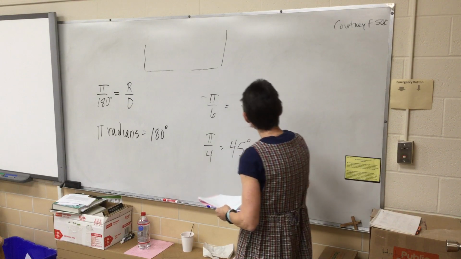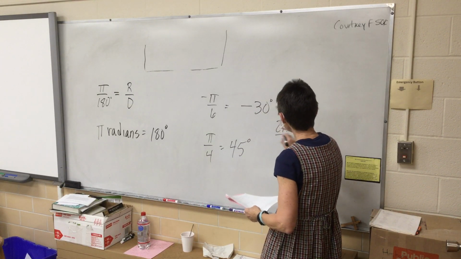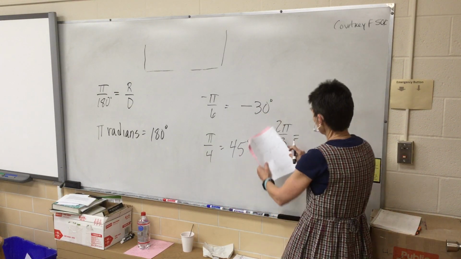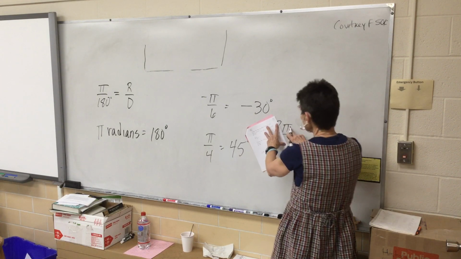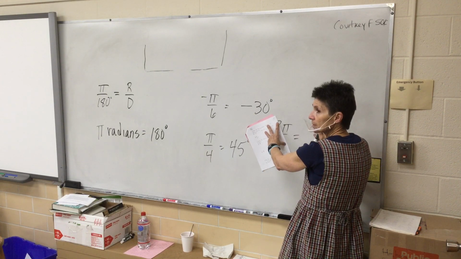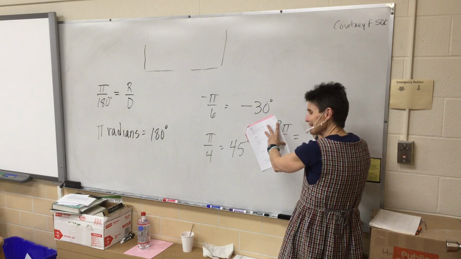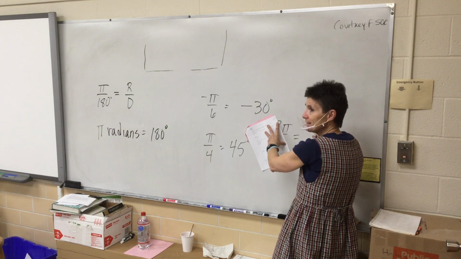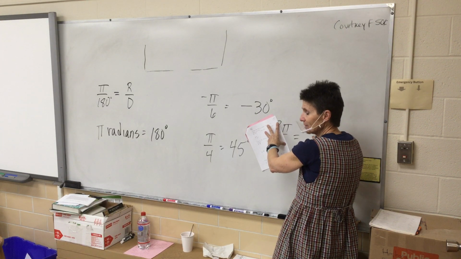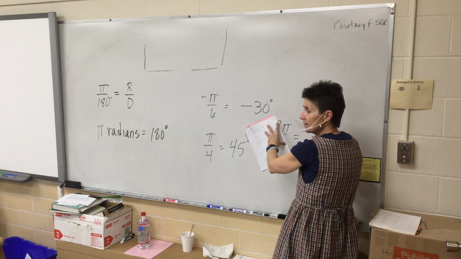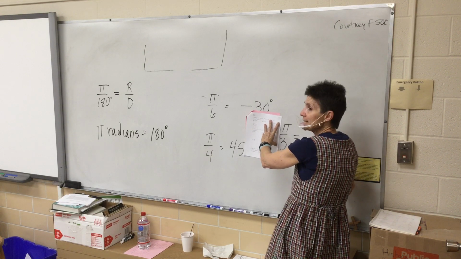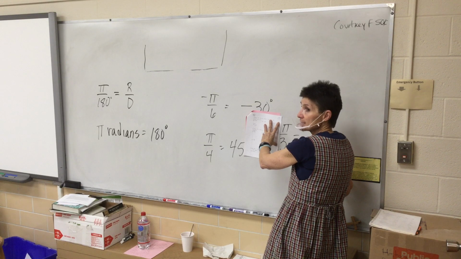All right, now B, a little bit bigger, 2 pi over 3. Let's not freak out. What's pi? 90. Pi isn't 90. 180. Pi is 180. Don't even say that kind of stuff and confuse people. Pi is 180. What's 180 divided by 3? 60.